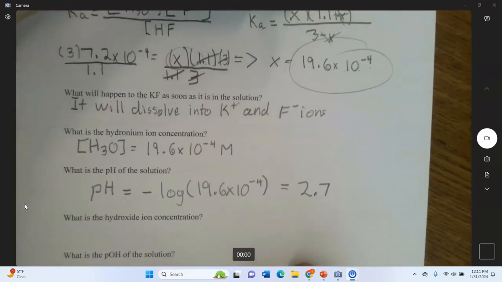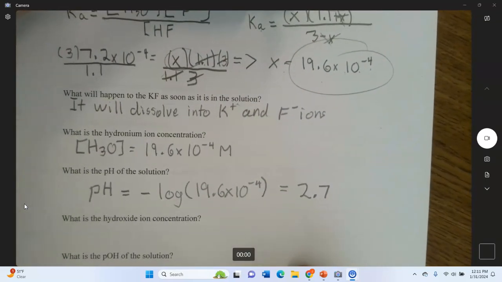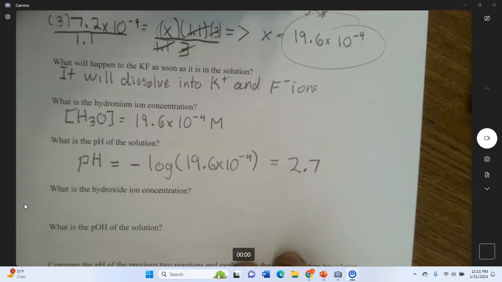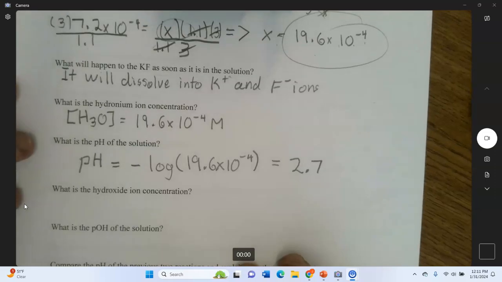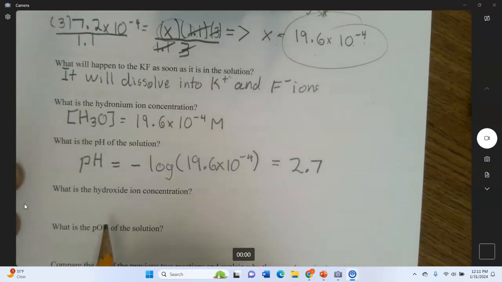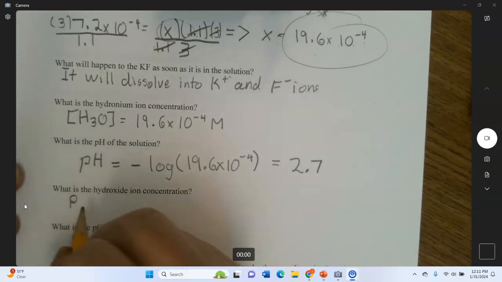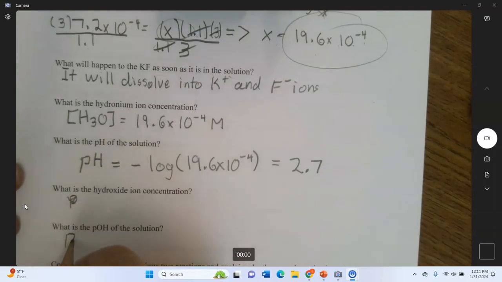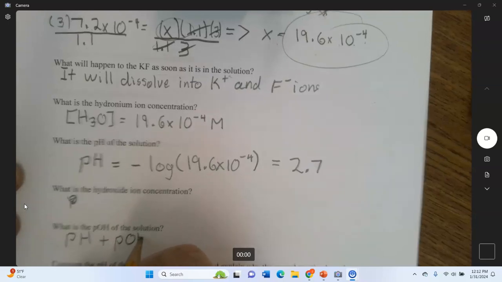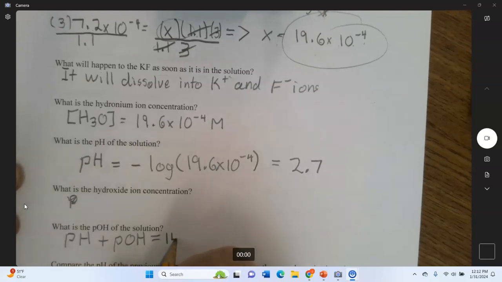All right, what is the hydroxide ion concentration? Well, I tell you what, I'm going to figure out this, just to show you can do it in a different order. What is the pOH? So the pH, whoops, down here, sorry. pH plus pOH, again, get this off your acid-base roadmap, equals 14.